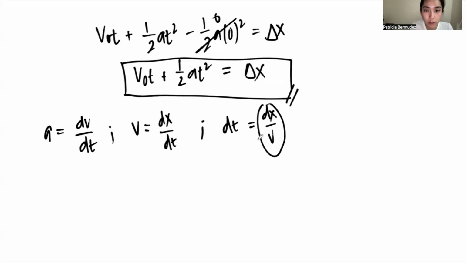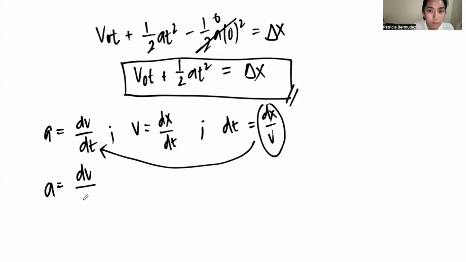And then this one, I'm going to replace it in this equation. So we have a is equals to dv over dx over v. And since this is in the denominator of the denominator, this will go into the numerator. So we will get a, and then this one, I'm going to transpose it here. So it's a dx, and that is equals to v dv.